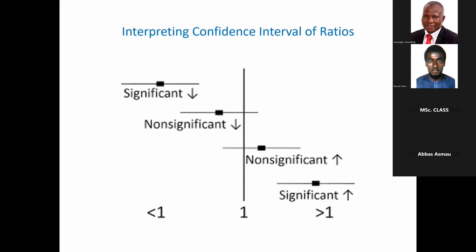The third one is from 0 point something up to after 1. The last one is from anything after 1 to anything after 1. So you see, the ones that are not significant are the ones where the range of values includes 1, crosses 1. But the ones that are significant are those where you cannot see 1 in the range. Is it clearer now?